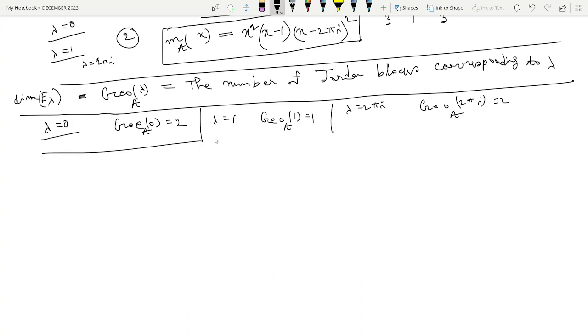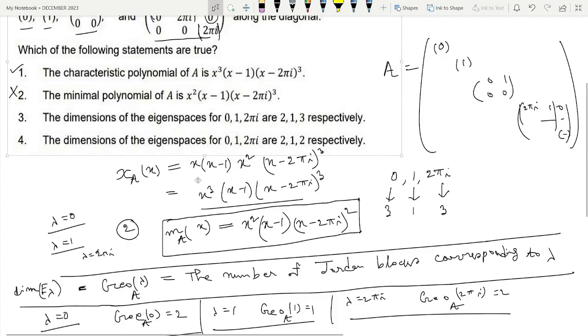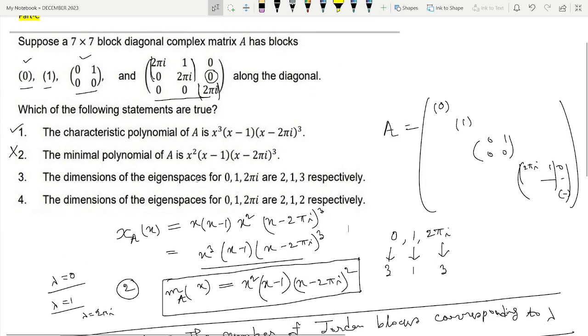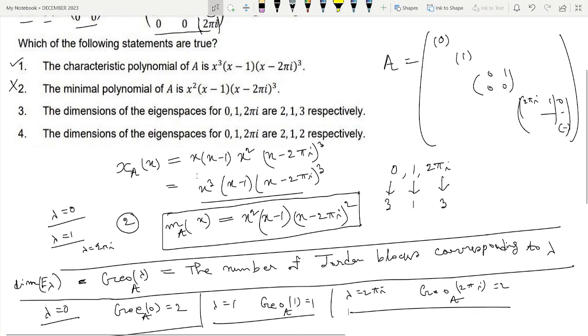So the dimensions of the eigenspaces corresponding to the eigenvalues 0, 1, 2 pi I, we got: for 0 it is 2, dimension of the eigenspace, that is geometric multiplicity.